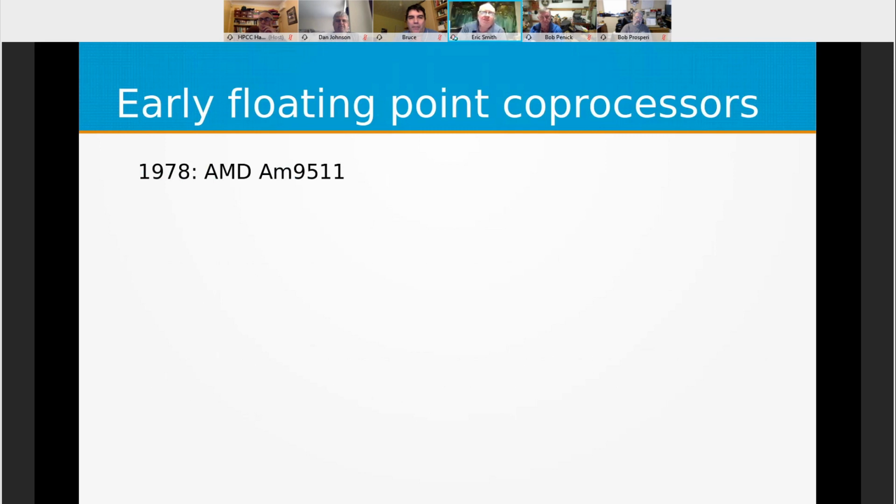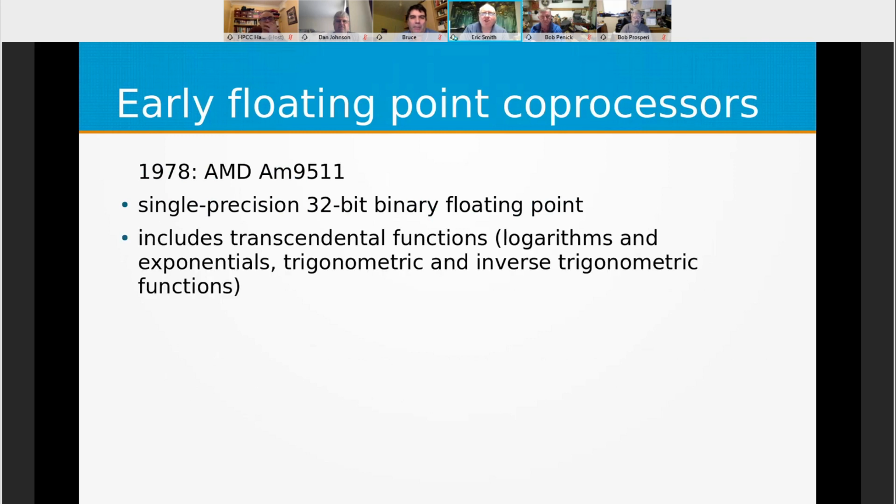So in 1978, AMD introduced what I would consider the first high performance floating point chip, and this was a single precision 32-bit binary floating point unit. It did not use an industry standard floating point format because there wasn't one yet.